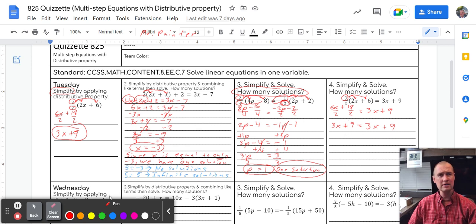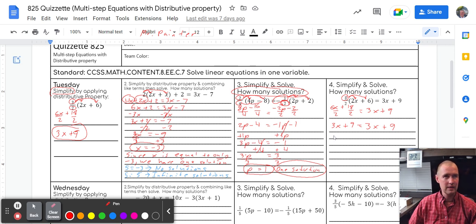So if we're asking for how many solutions, what do we say on question number 2 when the left side is exactly the same as the right side? That's right, you got it. It's going to be infinite solutions because they're both the same. So right here, I can automatically stop because, again, the left side equals the right side. It doesn't matter if I go forward because it's just going to stay equal the same.